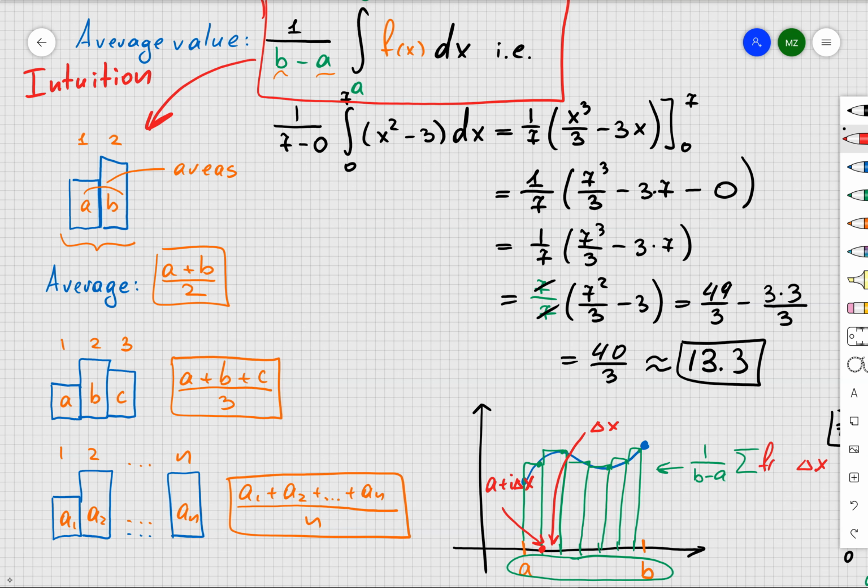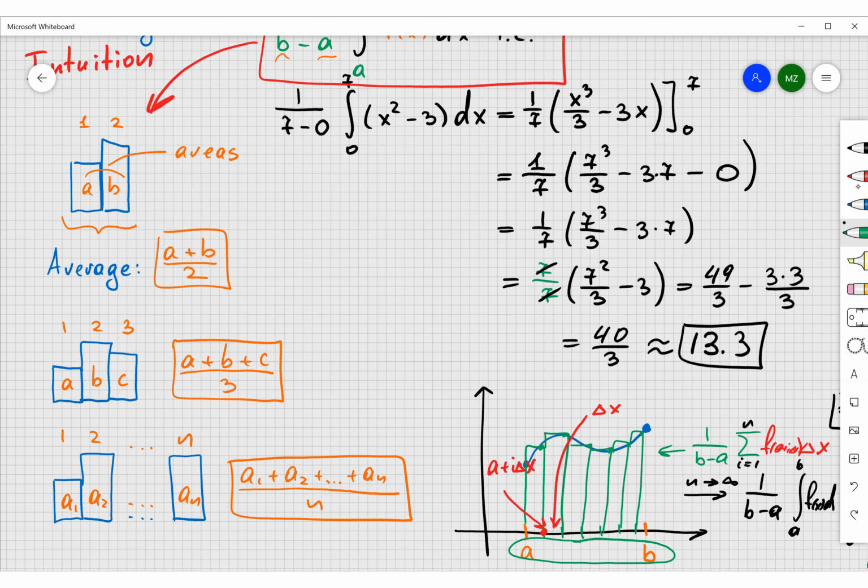And for how this formula is derived, I believe you can look at the book, but basically the idea is that we are building the Riemann sums, and if we take the number of our segments and send it to infinity, dividing our interval into smaller and smaller segments, then we obtain the actual integral.